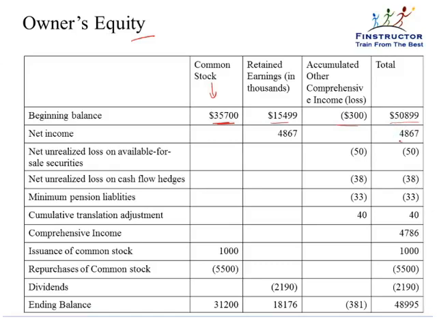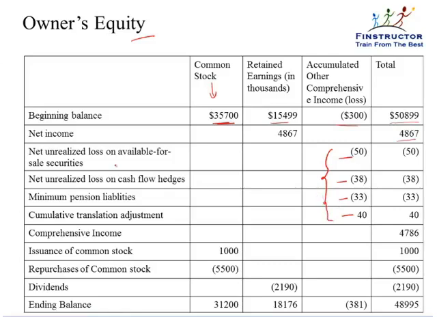During the year, the company earned $4,867. There were unrealized losses on available for sale securities, on cash flow hedges, on pension liabilities, and foreign currency translation. So never mind the exact meaning of these four terms.